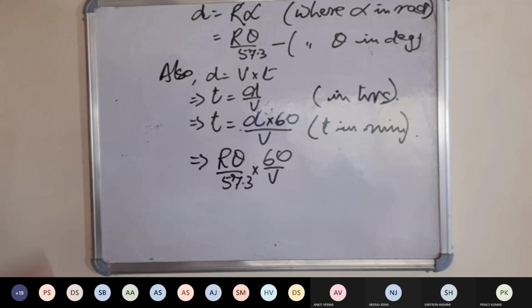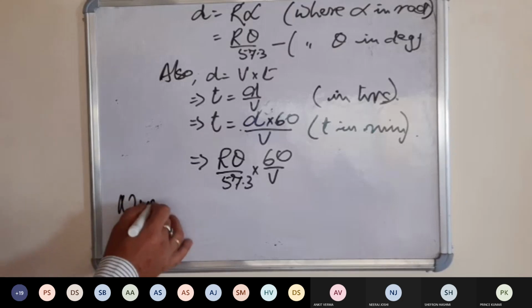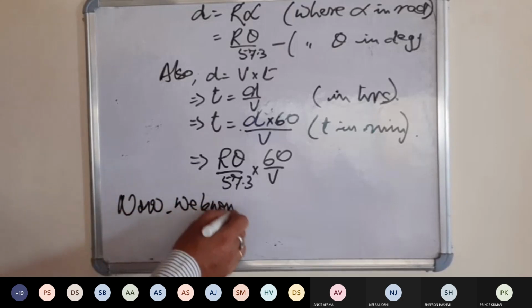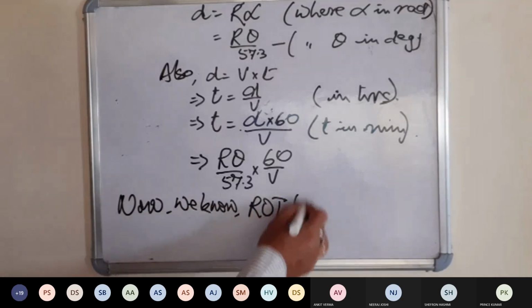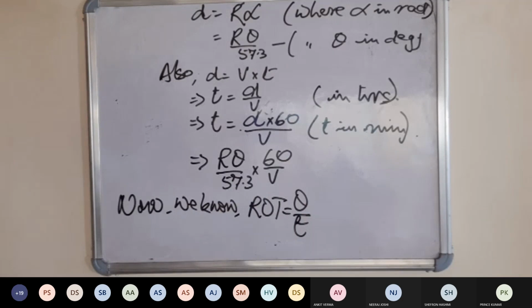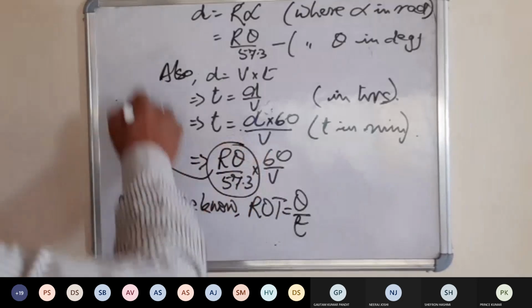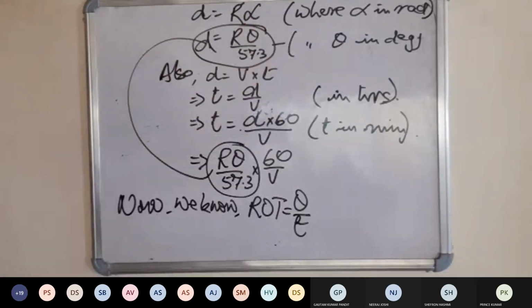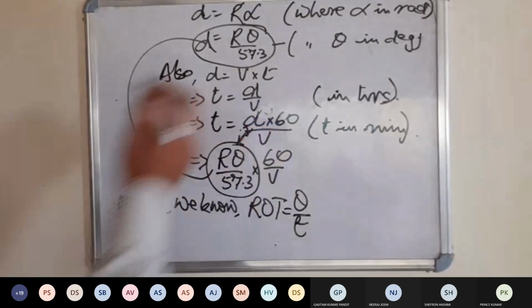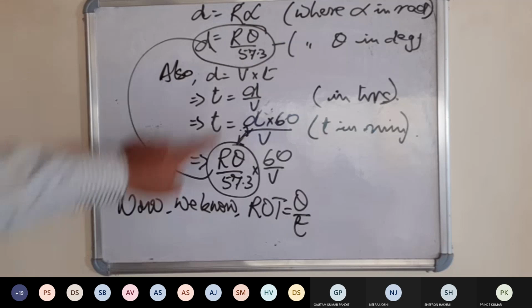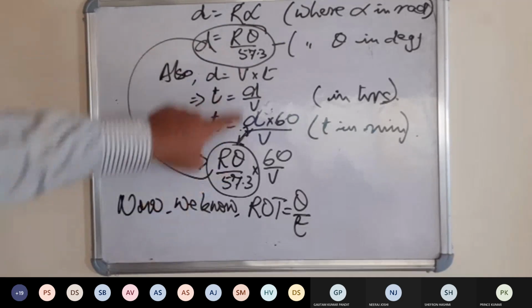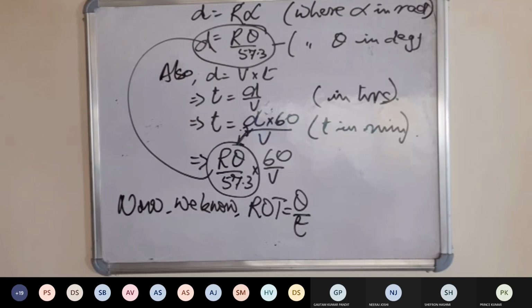So now we know ROT is equal to theta by T. Is that correct? Sir, R theta by 57.3, this is the value of D, right? D is equal to so much, and we put the value of D here, the value that was found earlier.